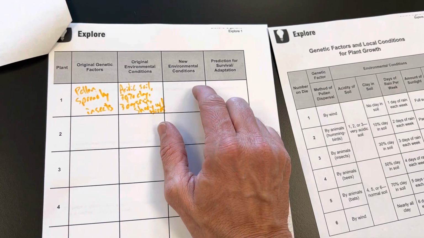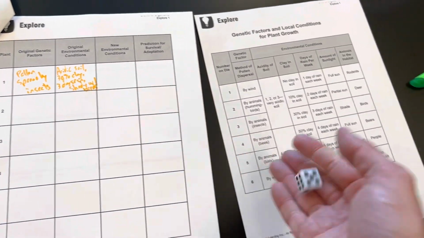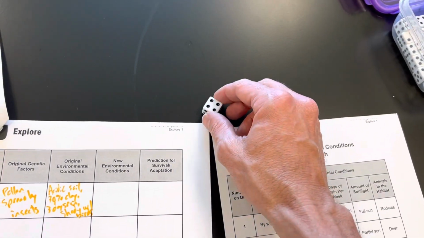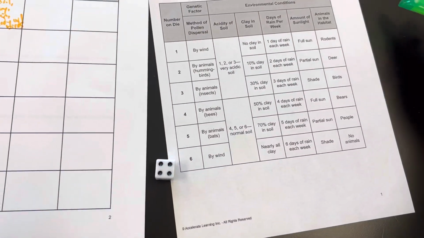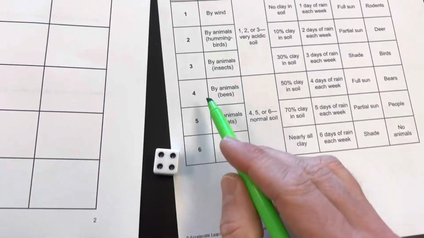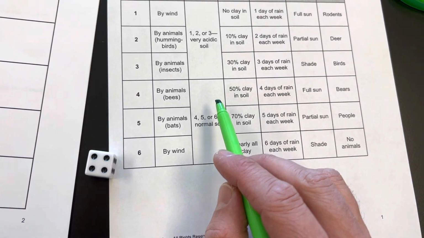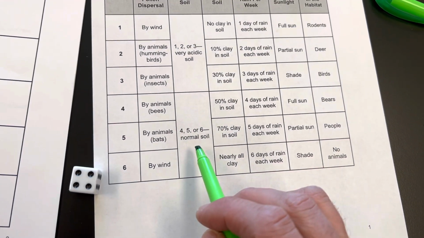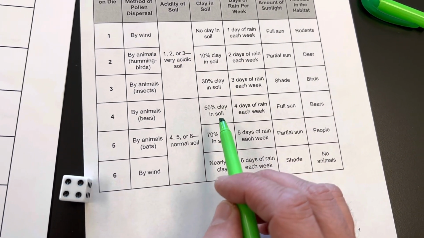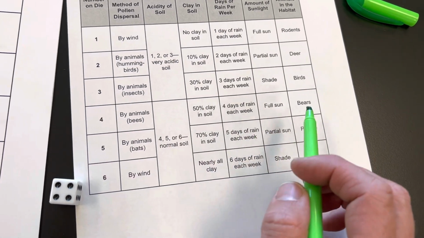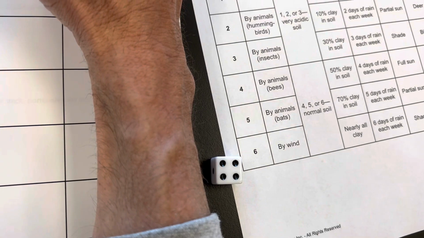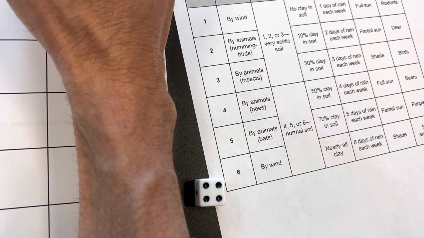that's going to land in a new environmental condition. Roll. A 4. Okay. Let's see what happens now. So now, the new seed of the same plant is in normal soil with 50% clay, 4 days of rain, full sun, and bears. So for the new environmental condition, we are in normal soil.